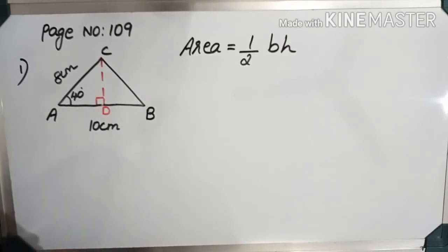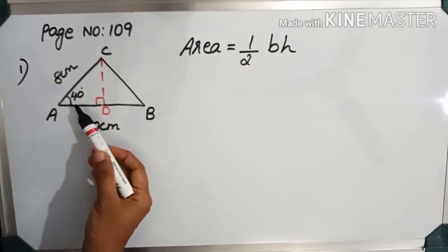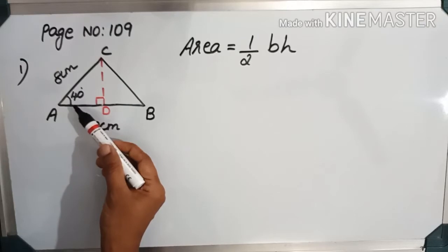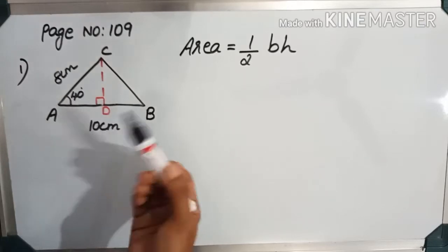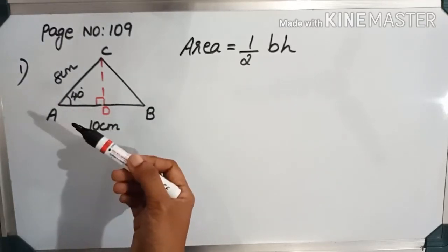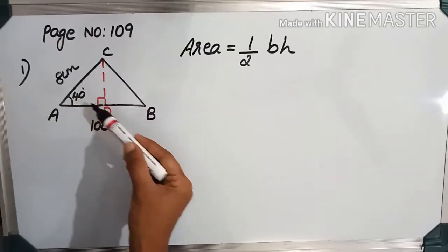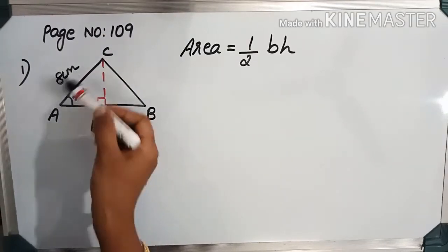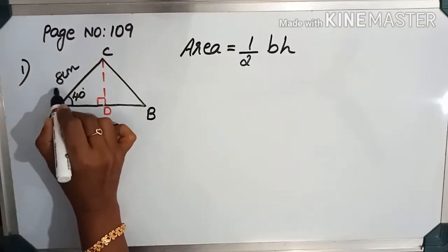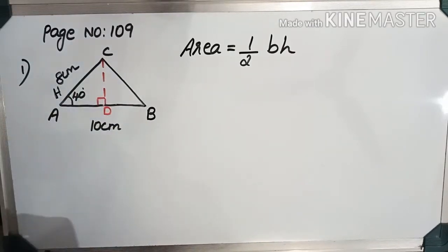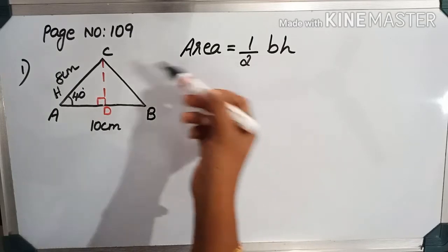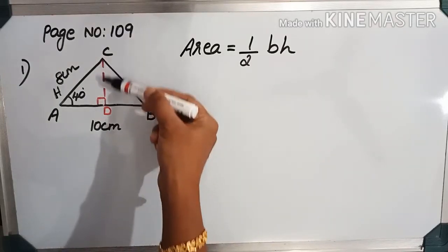For that consider the 40 degree angle. The given side is AC, which is opposite the 90 degree angle, that means the hypotenuse is given. We need to find the height of this triangle, that means CD.